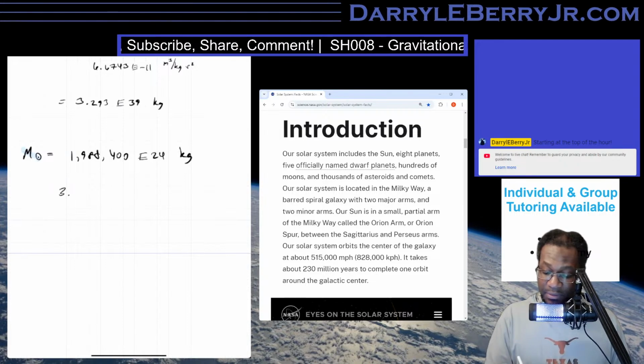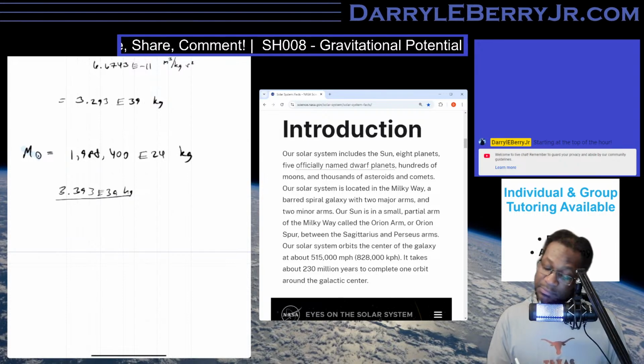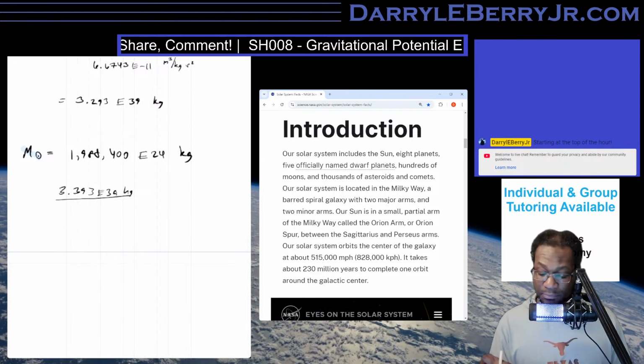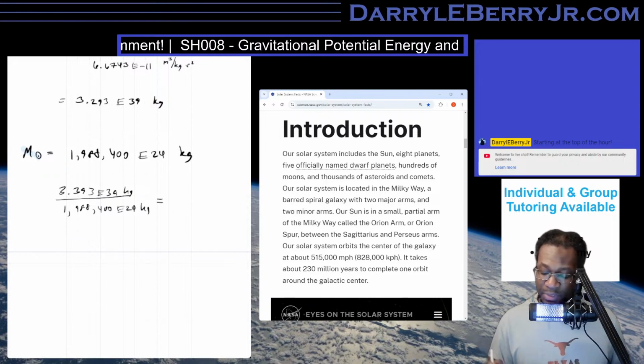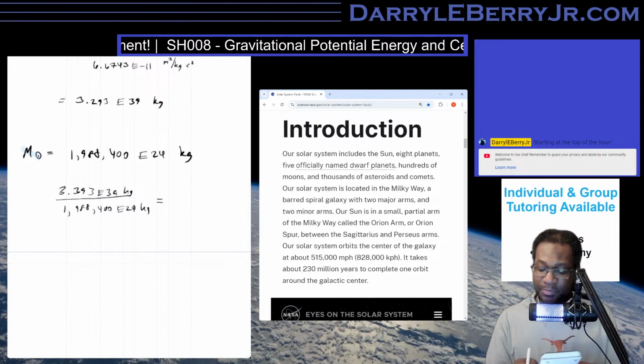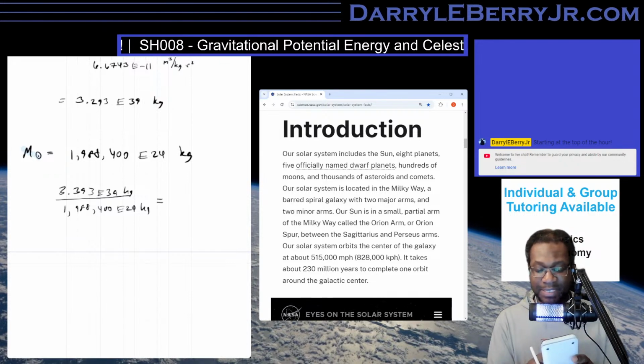So we have 3.393 times 10 to the 39 kilograms divided by 1,988,400 times 10 to the 24 kilograms. Let's see how many solar masses this gives us. Basically, you divide it by the sun's mass, and we know what solar masses we're working with.